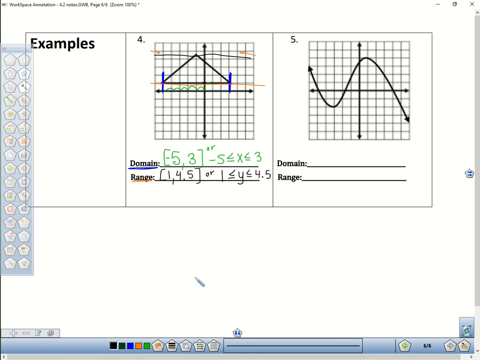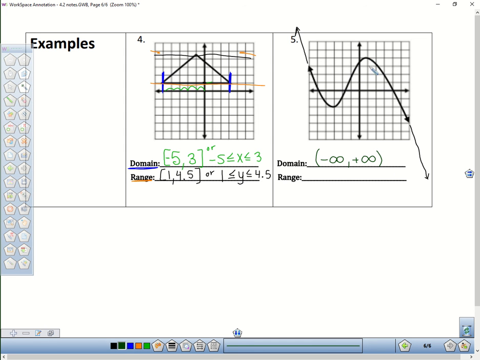And then the next one we're going to look at is this one right here. So this function goes on forever in both directions, right? Both directions forever, okay? So this one's going from -infinity to +infinity.